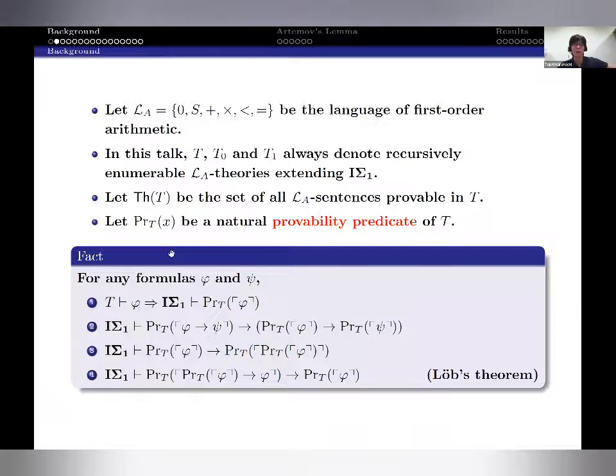Let LA be the language of first order arithmetic. In this talk, T, T0, and T1 always denote recursively enumerable theories of arithmetic extending I sigma 1.